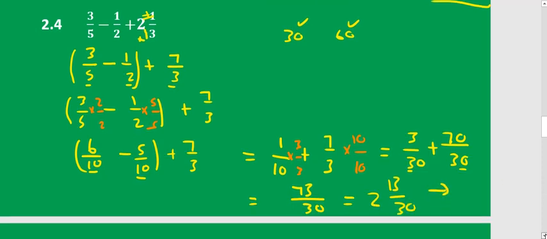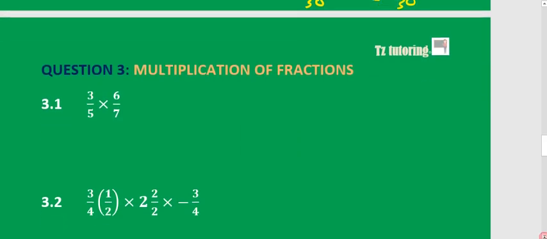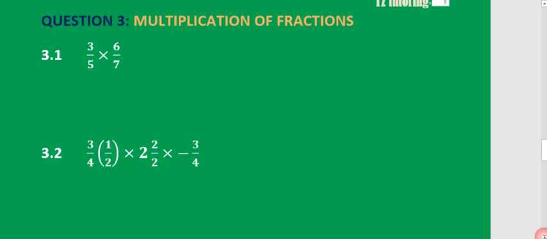All right, so let's move on to the next question. The next question deals with the multiplication of fractions. Multiplication of fractions is really, really easy because we don't care that the denominators are not the same. Remember, that's only one term. So we could just multiply it out.